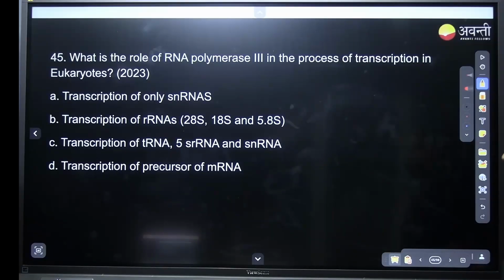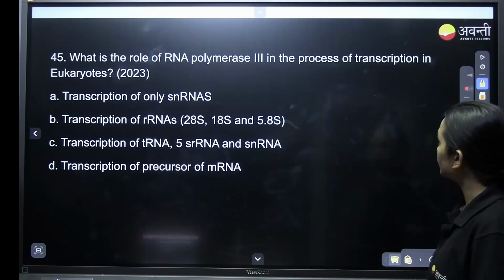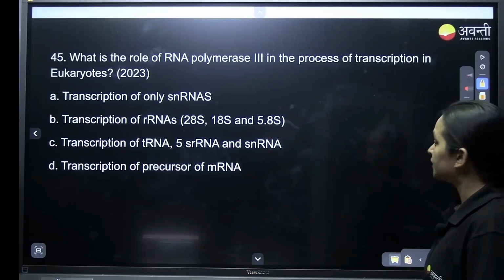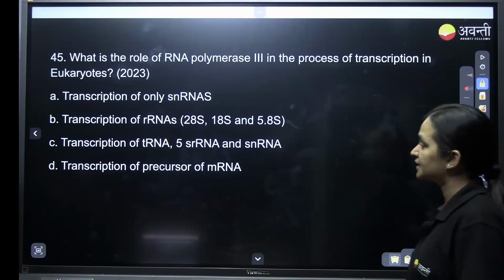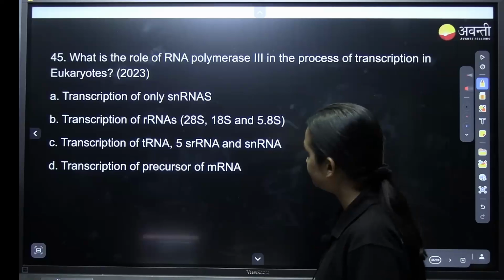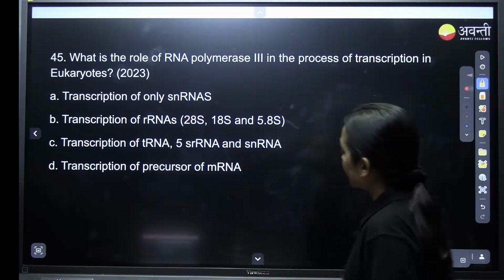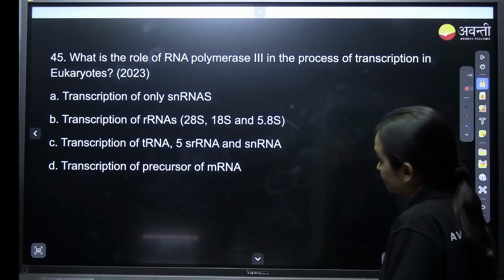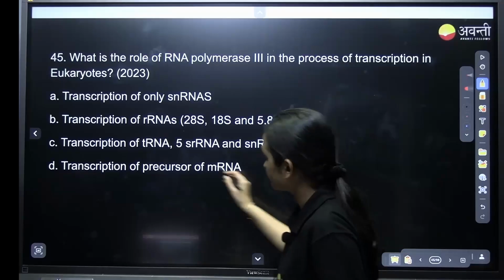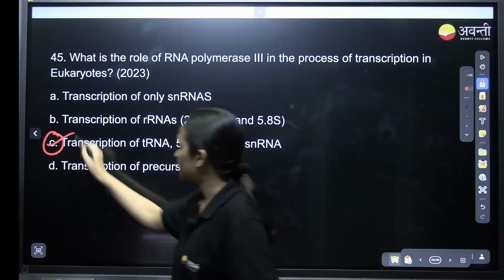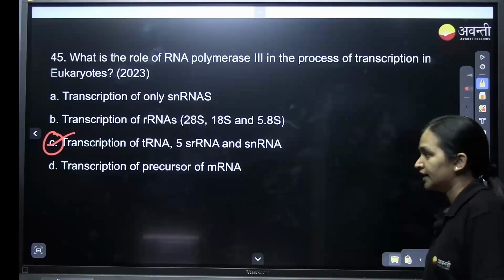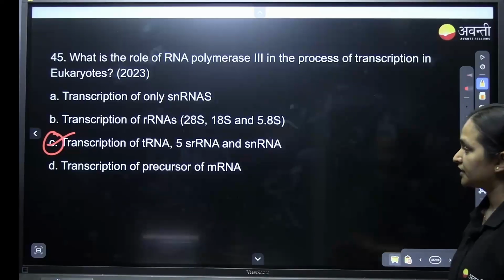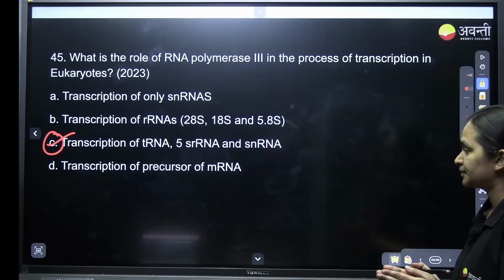What is the role of RNA polymerase 3 in the process of transcription in eukaryotes? RNA polymerase 3: transcription of tRNA, 5S rRNA and snRNA.